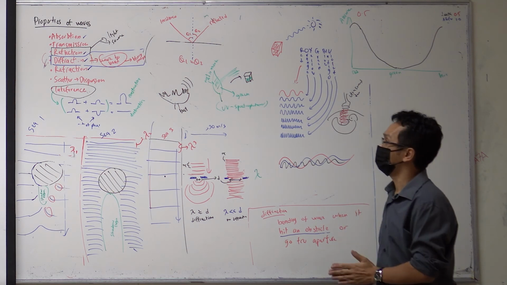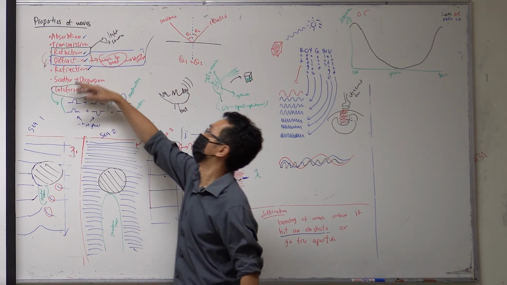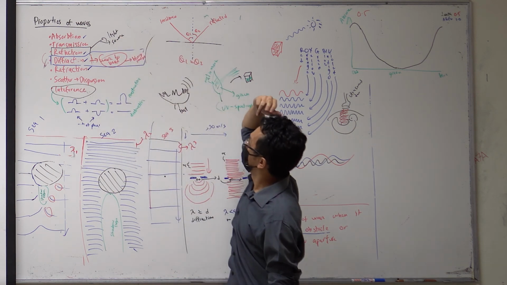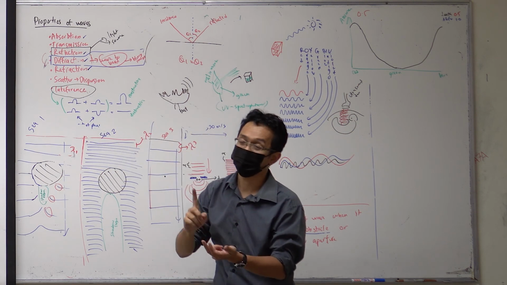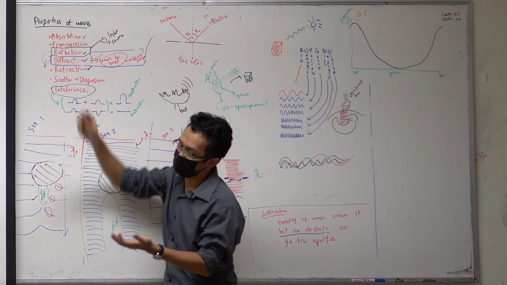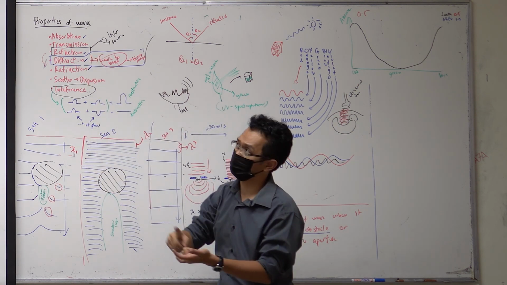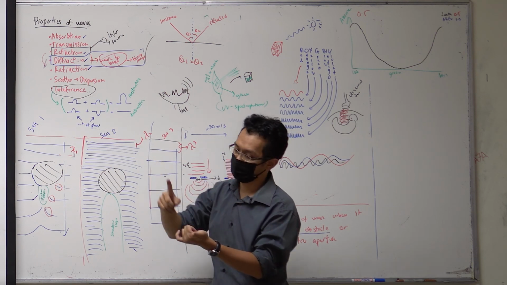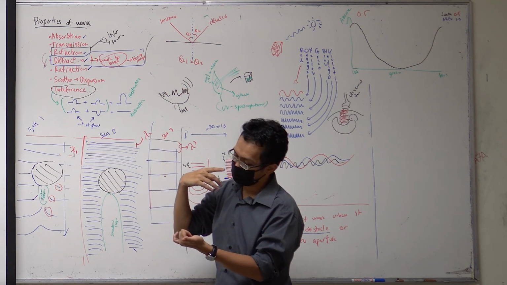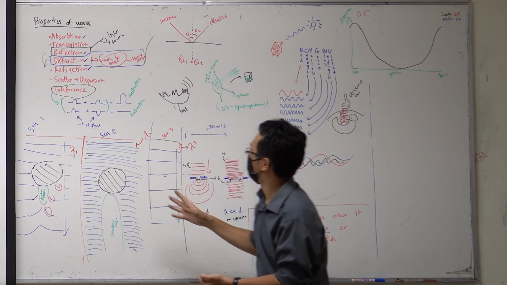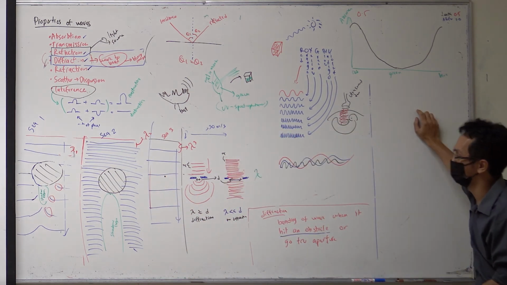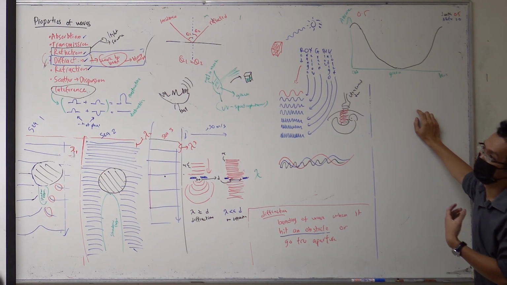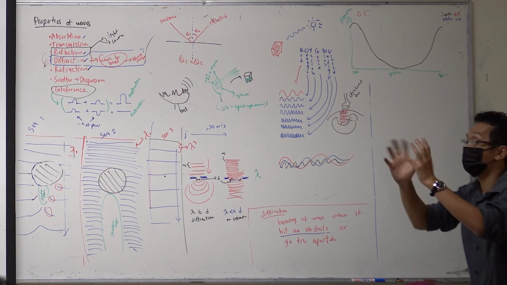So we recap for today. Today we learned about the properties of waves. We recalled absorption, and how absorption relates to excitation, de-excitation, and also emission, and also ionization. Then we learned that the electron can behave like a wave, and because of these properties you get the orbital.